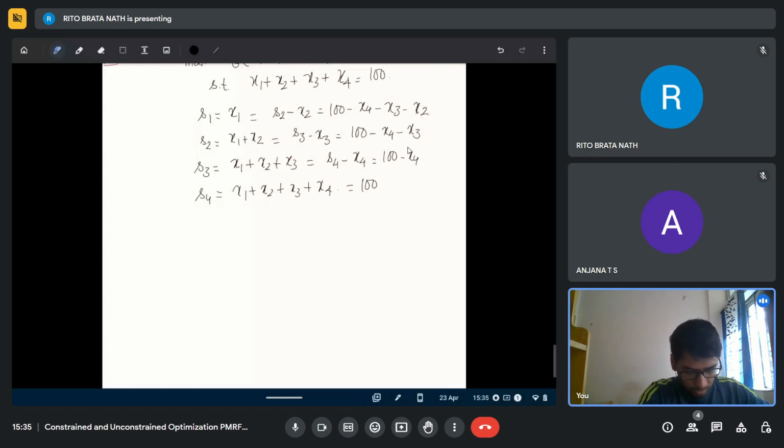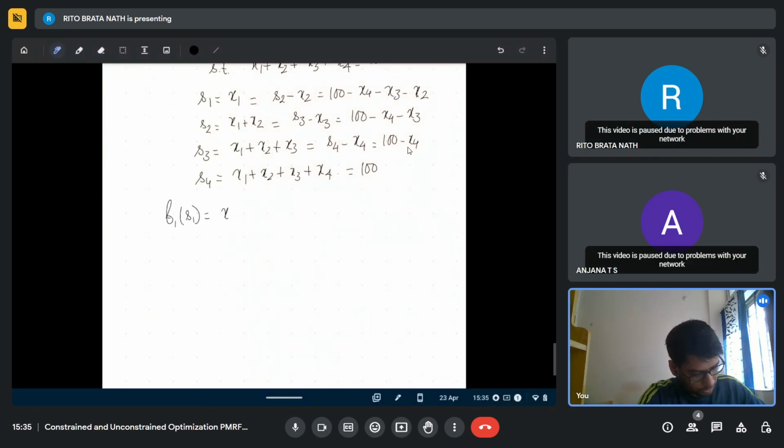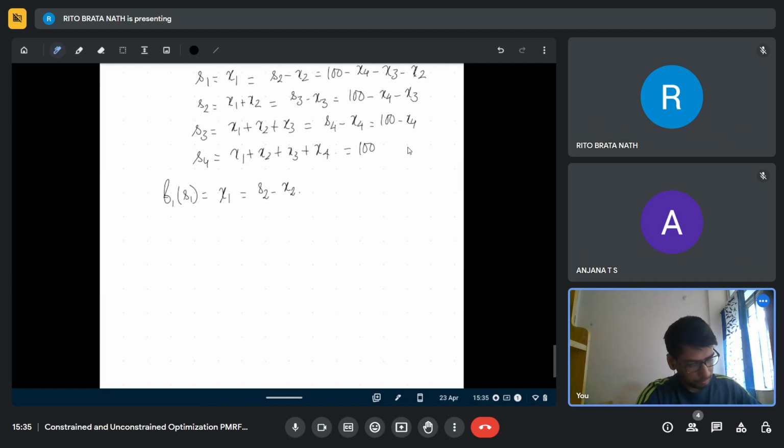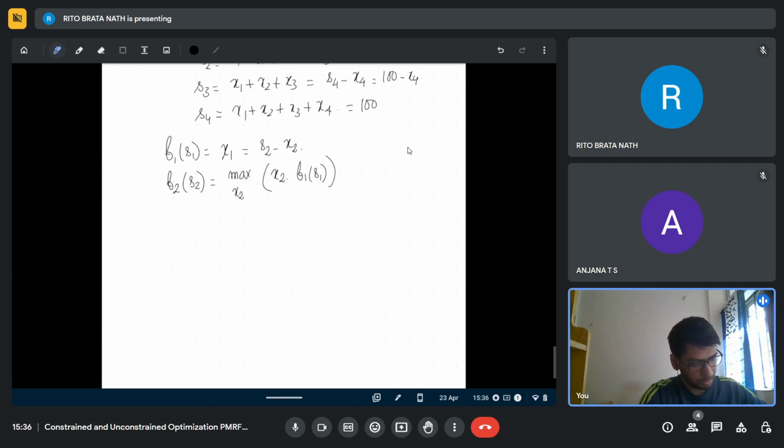Okay, so let's do it in the forward direction. So f1 of s1 equals x1, that you can consider, and x1 you can consider to be s2 minus x2, and f2 of s2. Now you can think of it as a variable in terms of x2. So this is maximization with respect to x2, of x2 times f1 of s1. That's equivalent to just considering the first two terms.